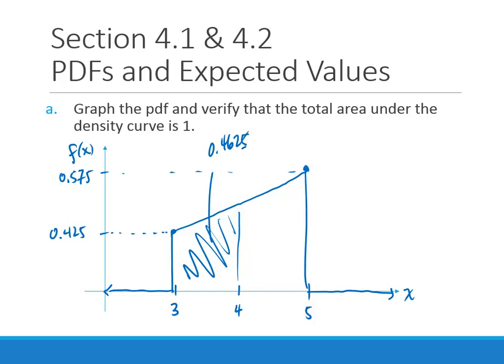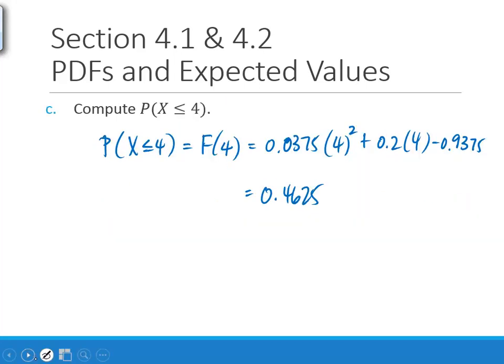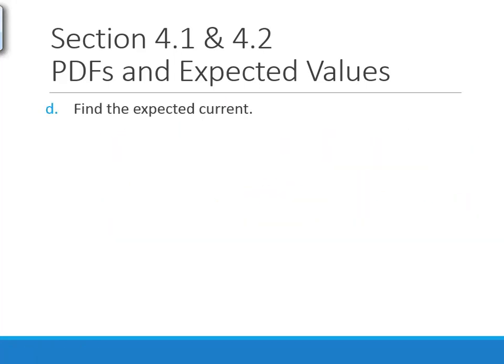Okay, we can use the CDF in that way. Let's now quickly finish up this example talking about the expected current, and then let's also find the variance of that current.